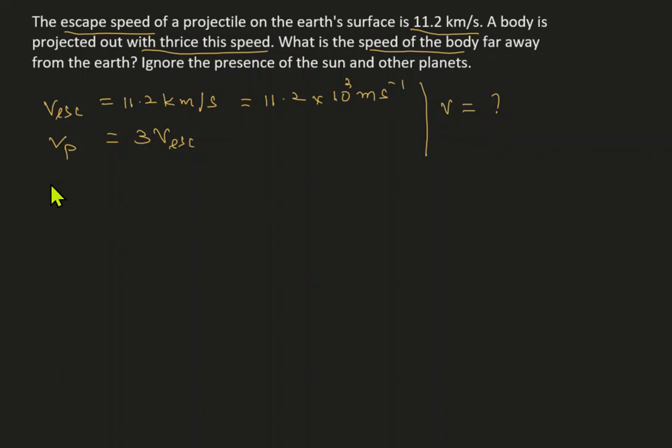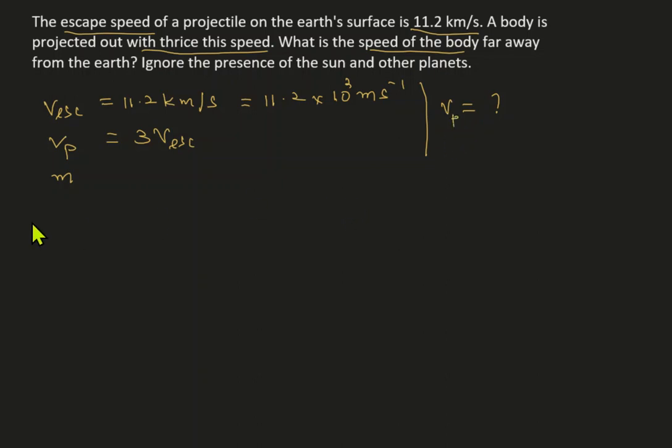Now let me consider the mass of the projectile as m and the velocity of the projectile from the Earth is, let me say, Vp. So we will call it Vp.